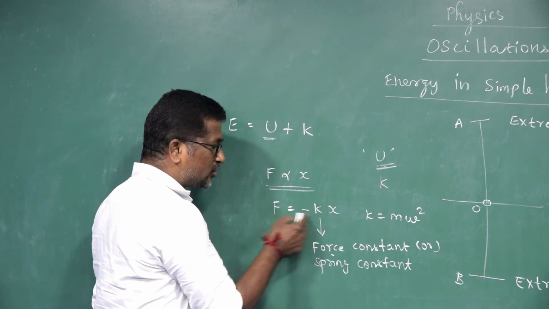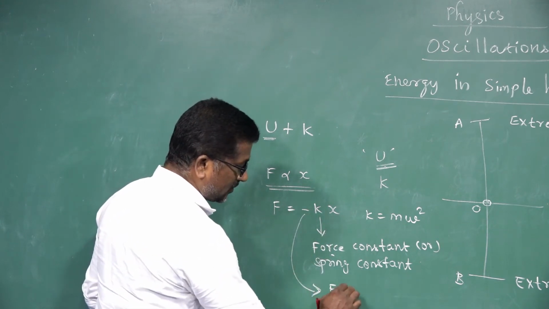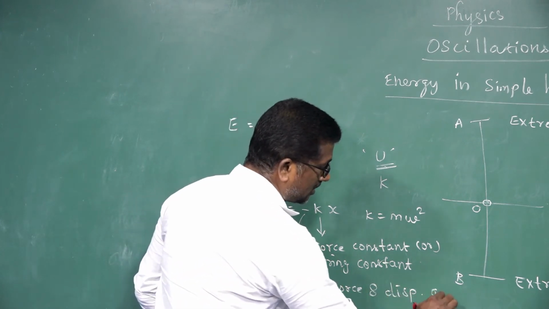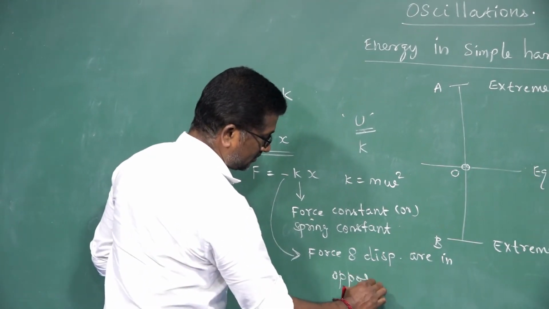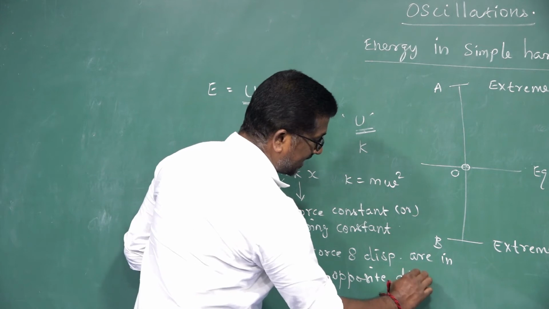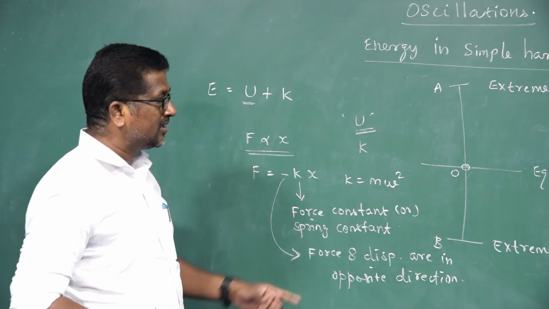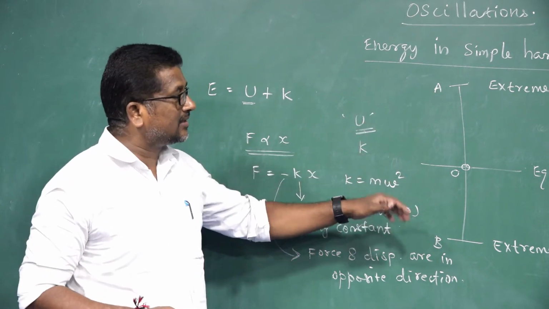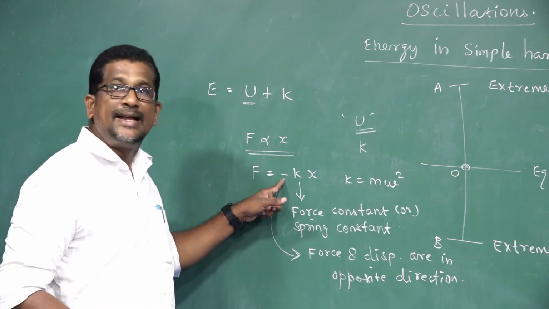Here there is a negative sign in this equation. The negative sign indicates that force and displacement are in opposite directions. In simple harmonic motion, the restoring force acting on the particle is always directed opposite to the displacement of the particle, which is denoted by the negative sign.